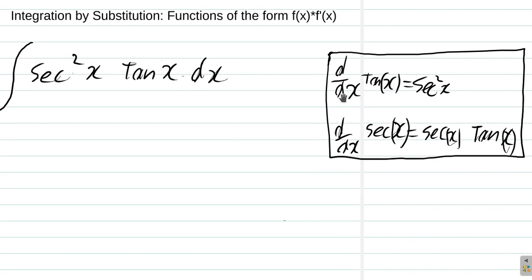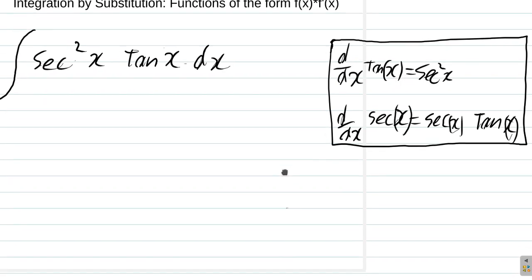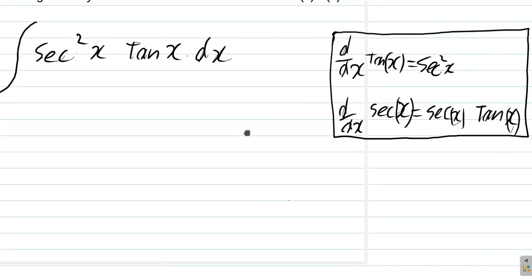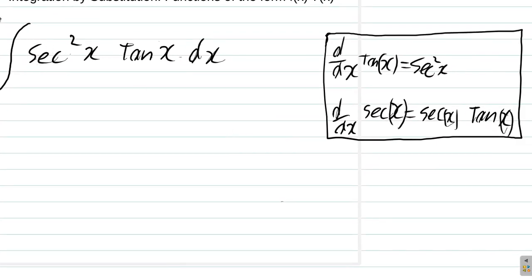Let us consider the derivative with respect to x of tan x equals sec squared x. Now, remember the general form of this is the integral of f of x, f prime x dx. That's the general form of it, all right?